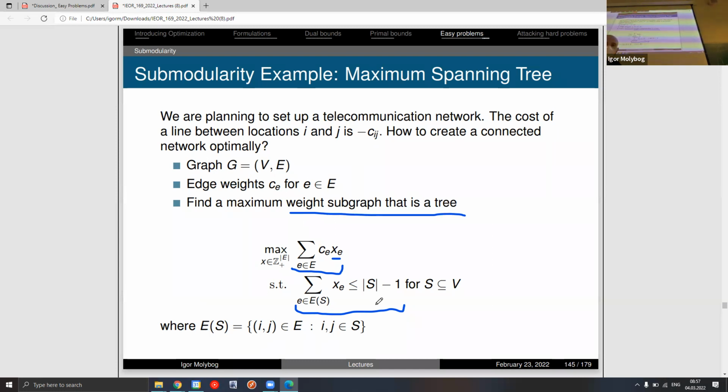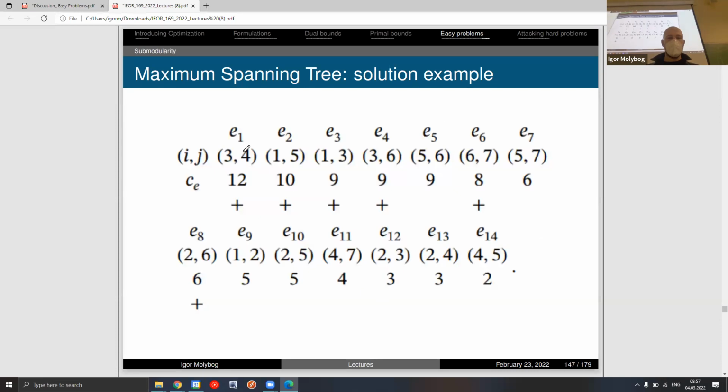So we can order the edges with respect to the costs C from the largest to the smallest, and then go along the line of edges in this direction and see if we are adding our edge into the subnetwork or not. So for example, the first four edges we would take into our subtree, but the fifth edge would not get in because it would form a cycle.